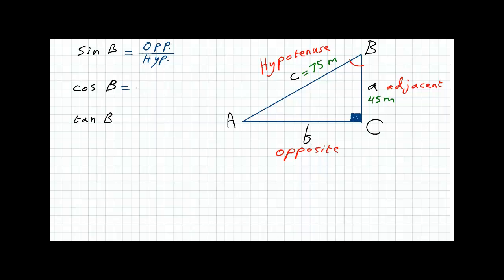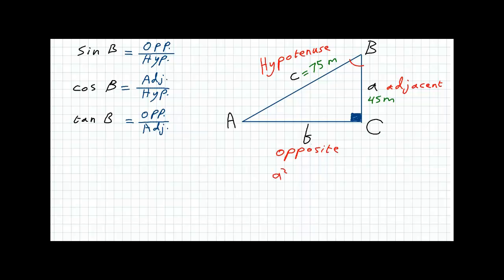To find cosine, we need to divide the adjacent side to angle B by the hypotenuse. And to find the tangent, we need to divide the opposite side of angle B over the adjacent. And maybe you noticed that the question didn't give us the length of side b, and here we need to use the Pythagorean theorem to find it. So let us do that first.